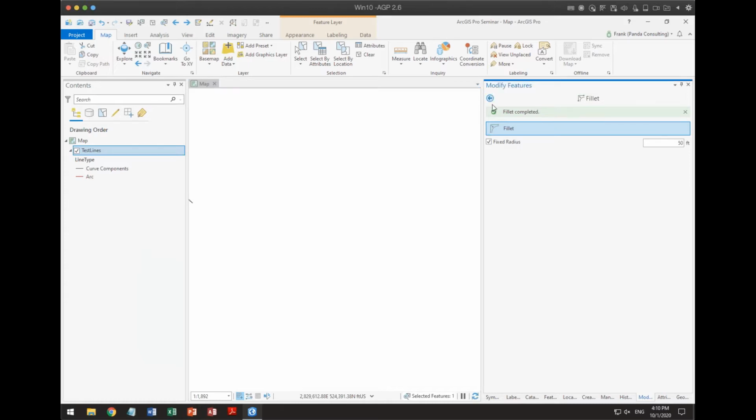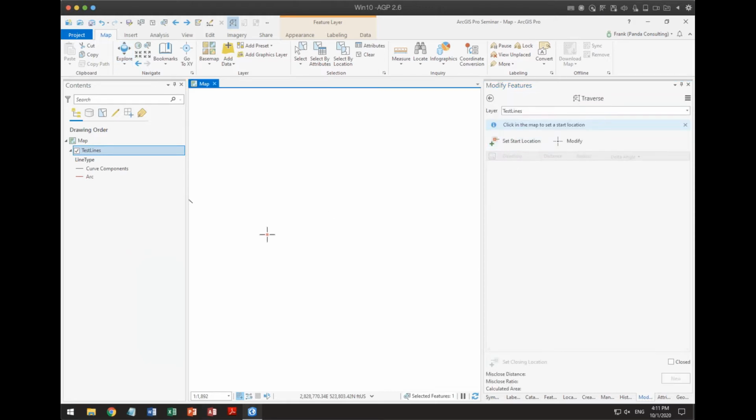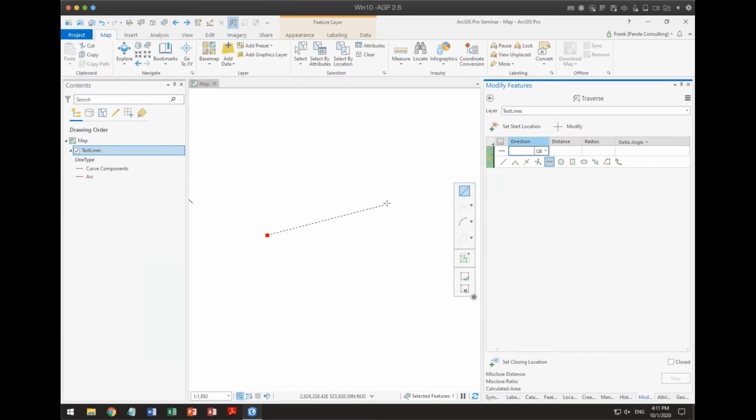So on the traverse tool, you were saying that you could input another two points, right? Another point here, and connect that? That is, by the way, a good question.